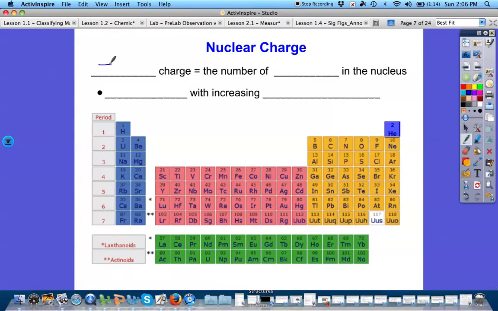Nuclear charge is the total charge, which is equal to the number of protons in the nucleus. Nuclear charge increases with increasing atomic number.